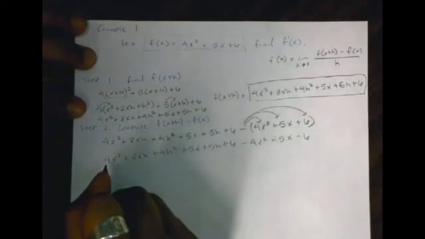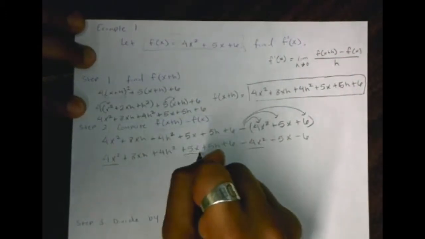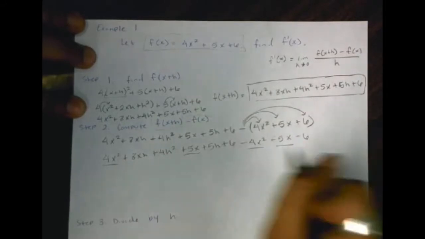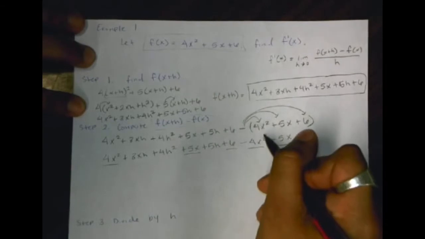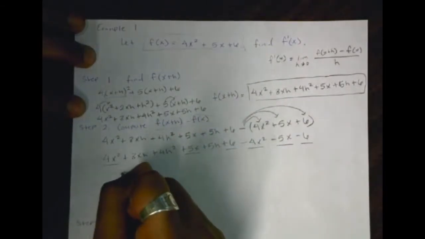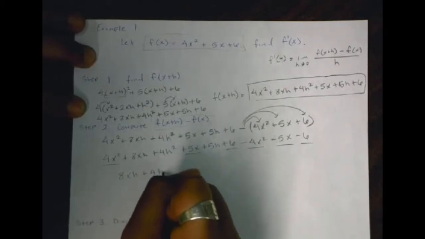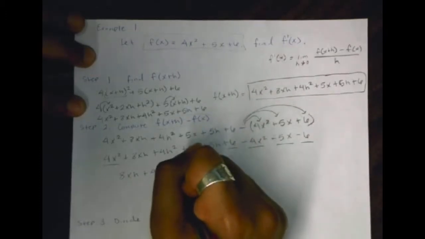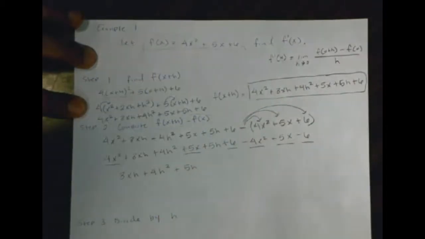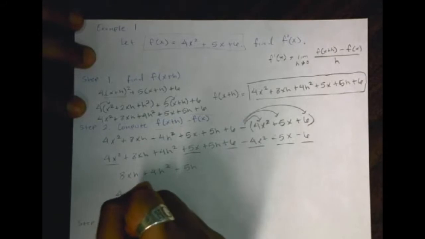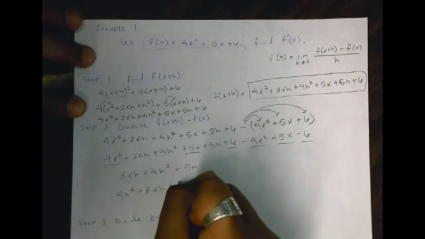I have a 4x squared here and a 4x squared here, a 5x here and a 5x here, and a 6 here and a 6 here. So I can cancel those out, and I'm left with 8xh plus 4h squared plus 5h, and that's it. I can rewrite that as 4h squared plus 8xh plus 5h.